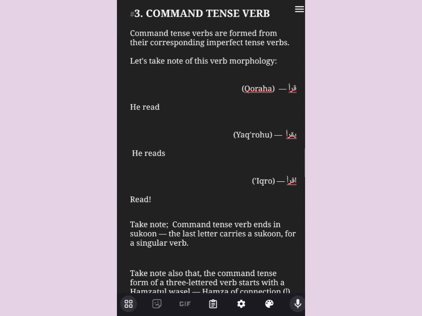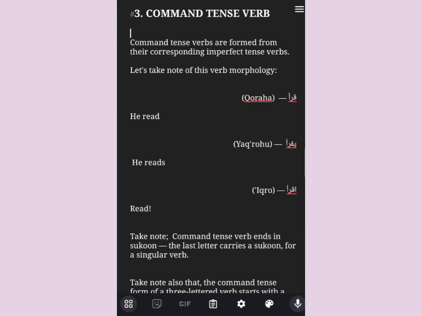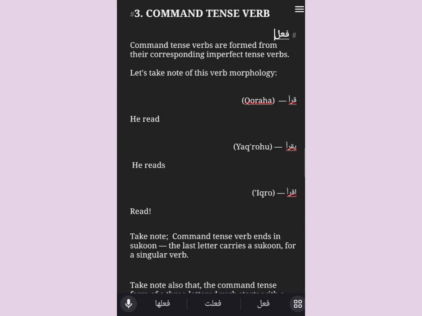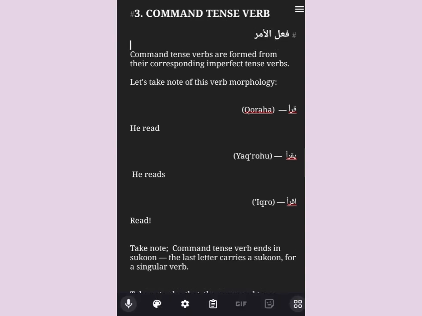In this lesson, we're looking at the command tense verb, and this is termed فعل الأمر. That is the command tense verb. Command tense verbs are basically verbs that are formed from their corresponding imperfect tense, that is فعل المضارع.